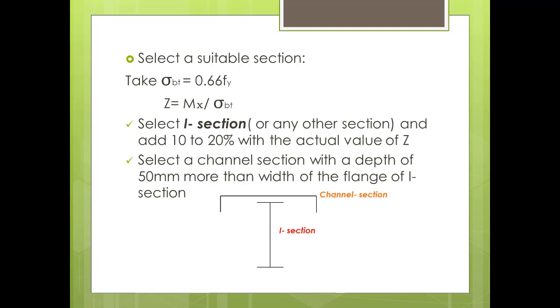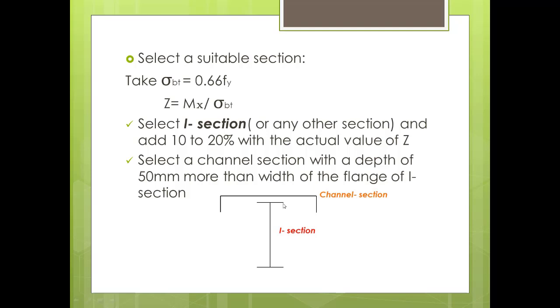Now we will choose another section, that is a channel section, which is having a depth of 50 mm more than the width of the flange of I section. So what do you mean by this? See, this is the I section and this is the channel section. Suppose this I section has a width of 250 mm.